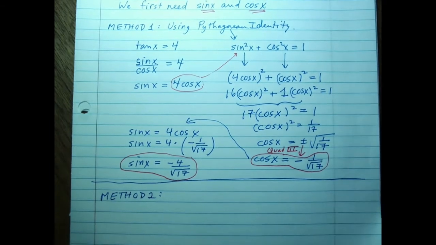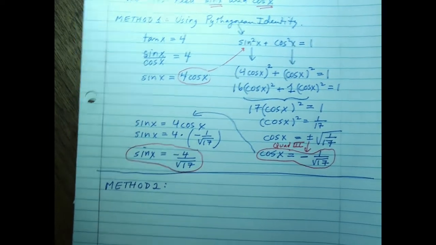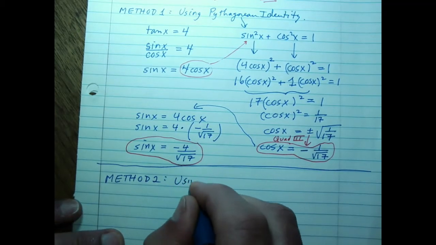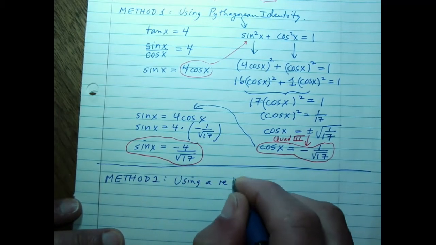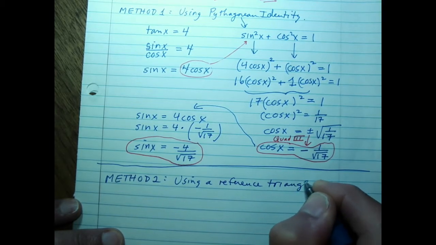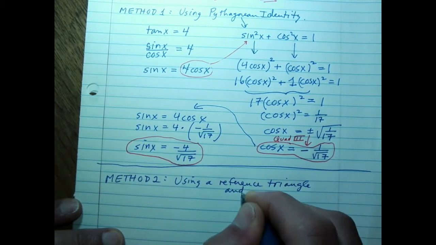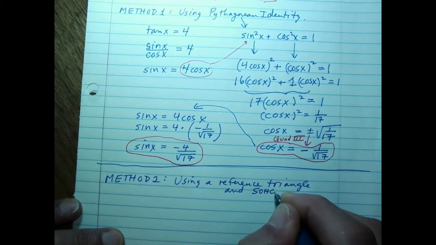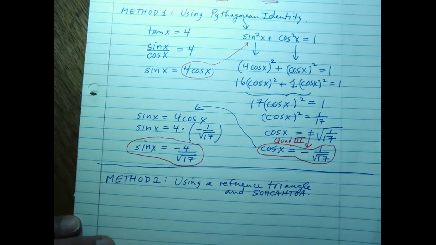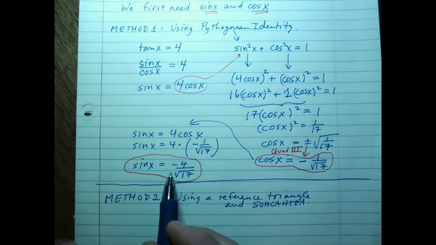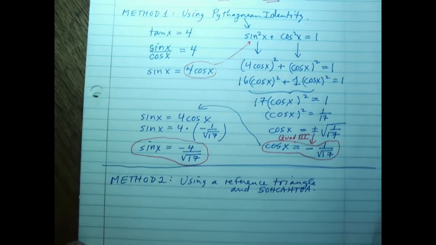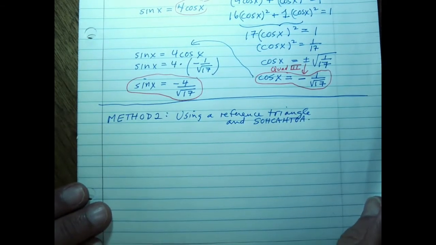So I'm going to apply our method 2, which I think I called using a reference triangle and SOHCAHTOA. And it accomplishes the same thing. It's just going to get us these values of sine x and cosine x, but in a slightly different way here because we're working from tangent.